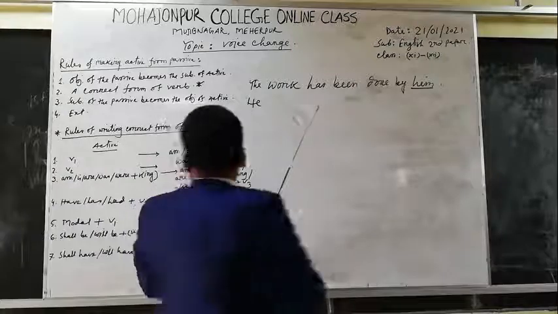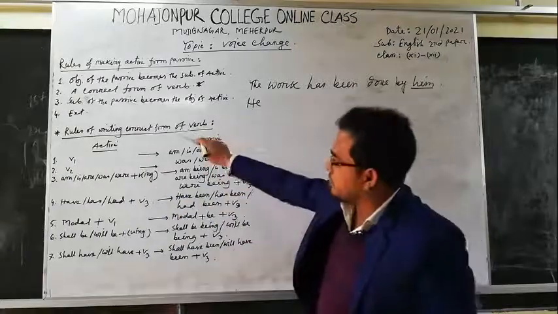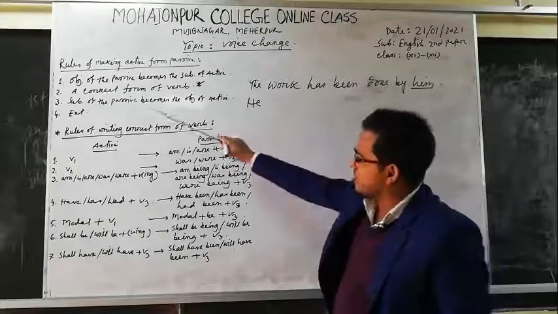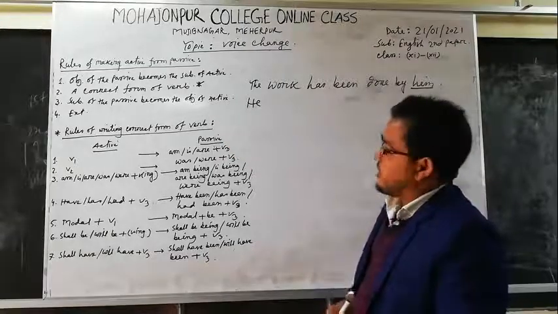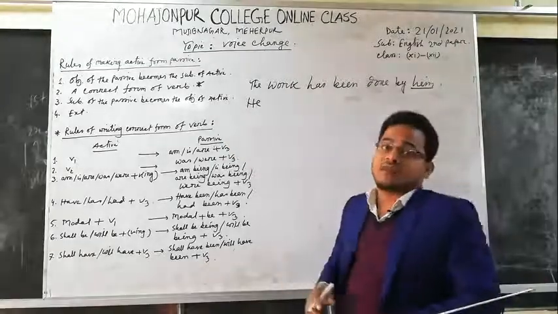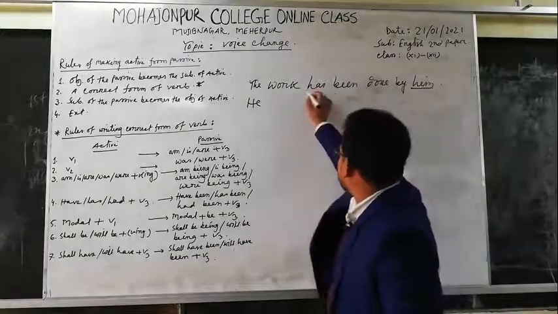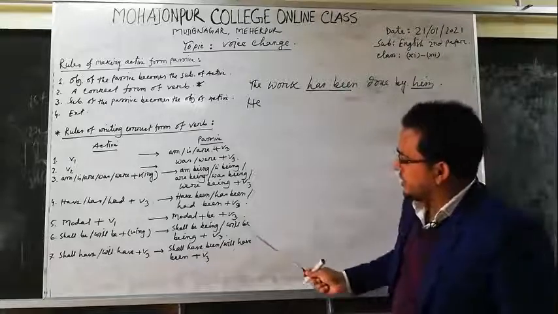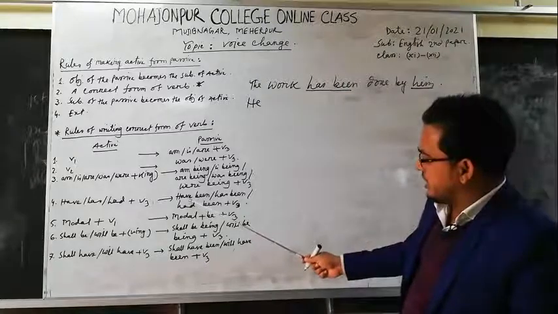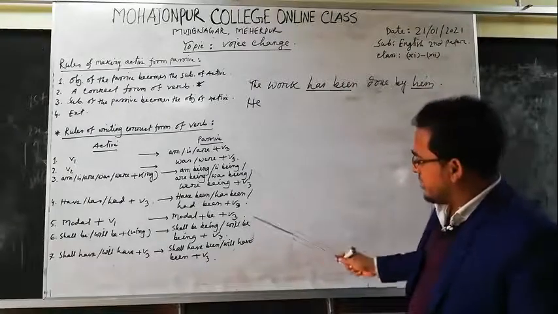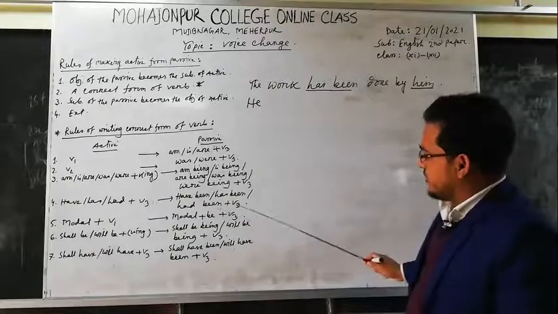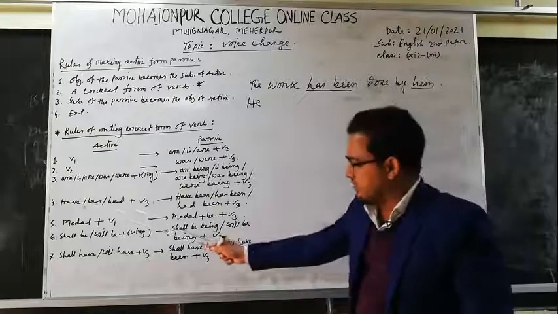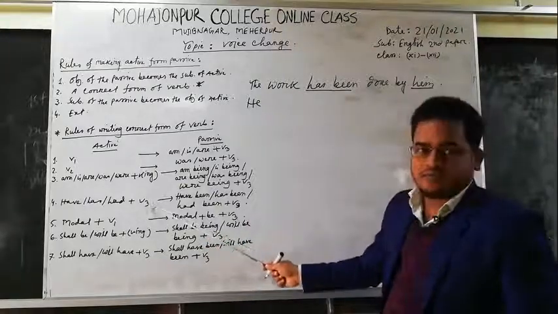And then, my dear students, we have to put a correct form of verb. Now we have to put a correct form of verb by noticing the auxiliary verb of the passive. Here there is an auxiliary verb, has been. If there is have been, has been or had been and past participle form of the verb in passive voice, then it will be have, has, had and past participle form of verb.